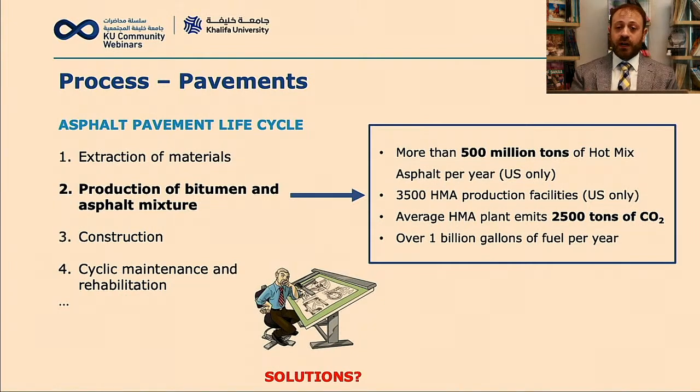So we need to find solutions right at this step of the life cycle of asphalt pavement. However, as I will show you later, this is not the only important step, and there is something else that is also interesting to dig into as researchers.